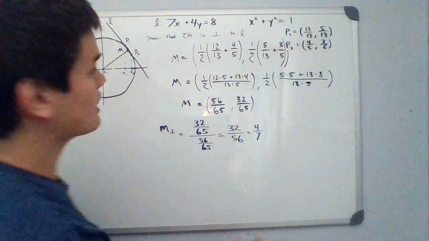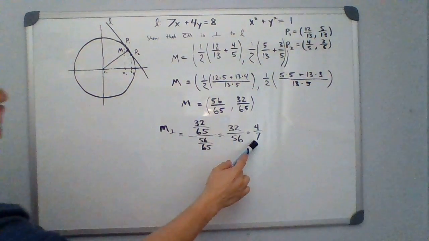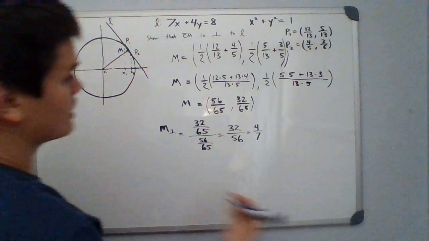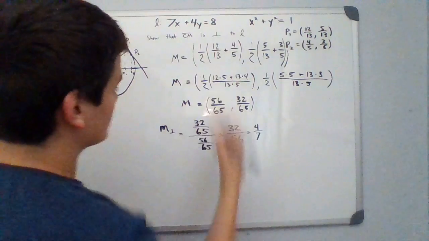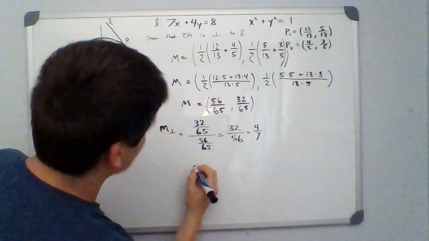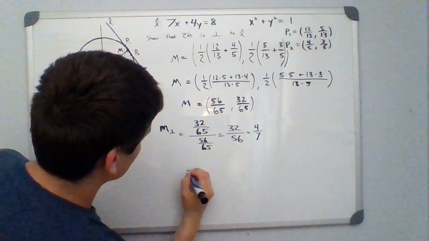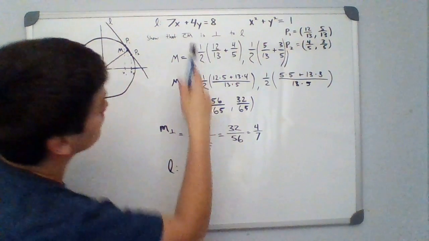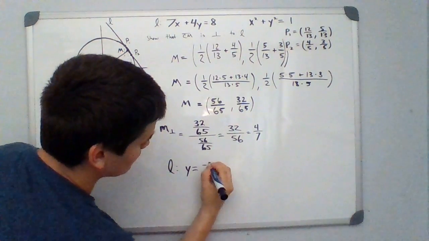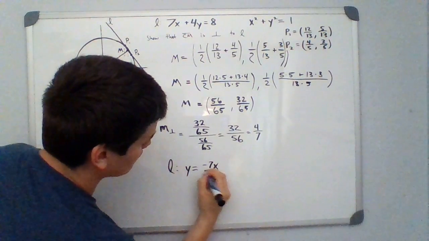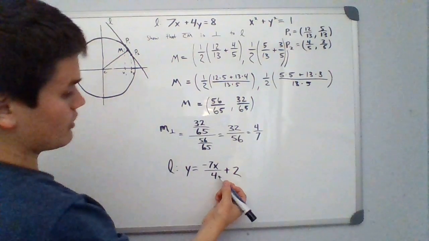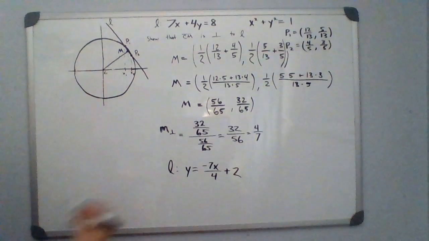And I can see already that this is the right answer, because 4/7 will be perpendicular to the slope of that line. But let me show that real quick. Let me put that in slope-intercept form again. That line for L is y equals negative 7x divided by 4 plus 2. So negative 7/4 is the slope for L.